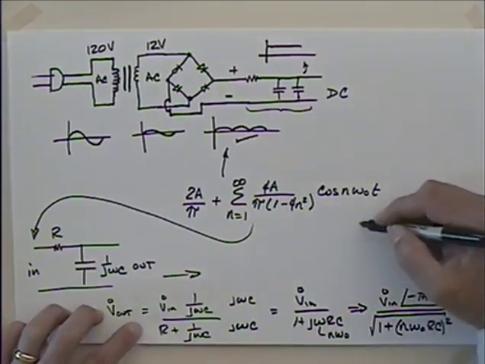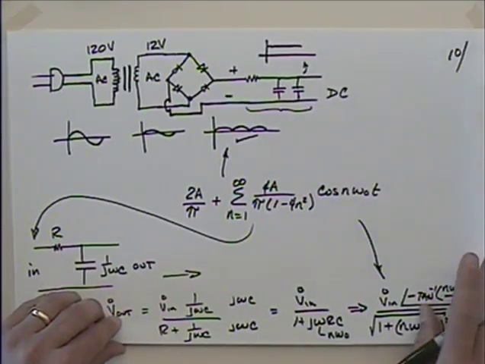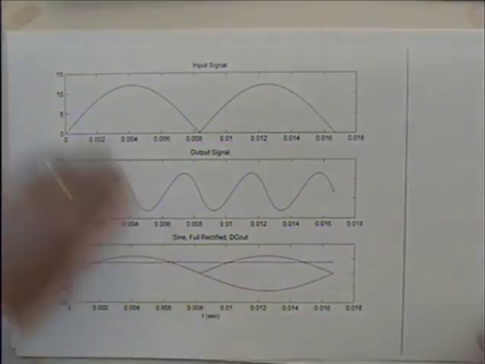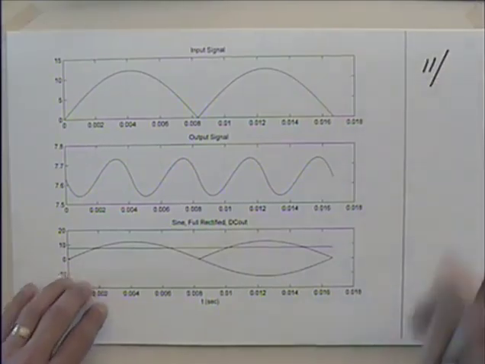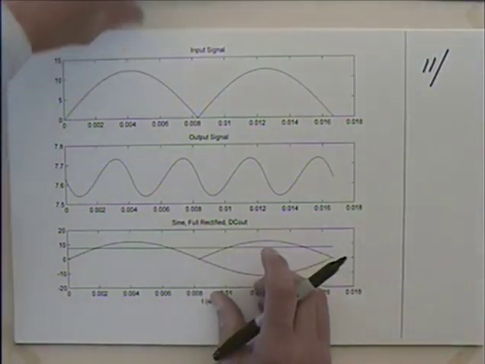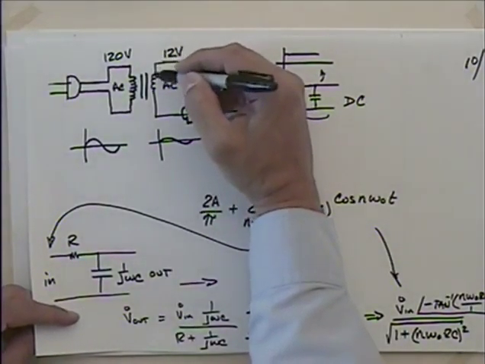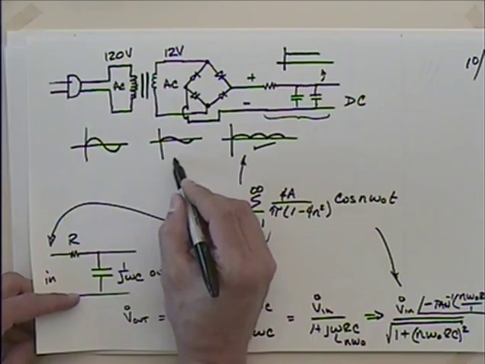So I can put my wave into this thing, and I should get then the output. So when I go through that, I'm not going to go through the numbers. You can play around with that. But this is what you get. So we said that our input at this point, I'm not worrying about the transformer. We did the transformer last term. So I'm going to start at this right here.